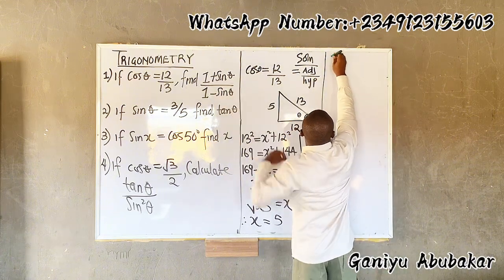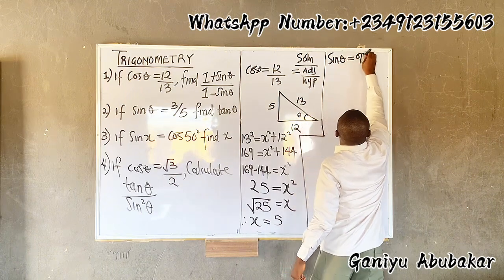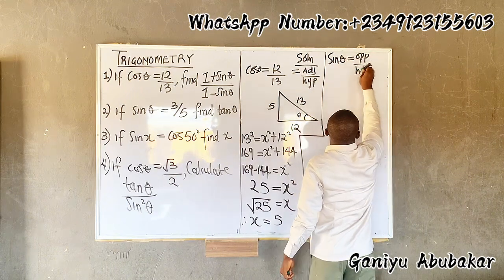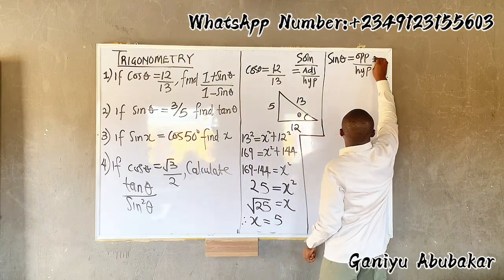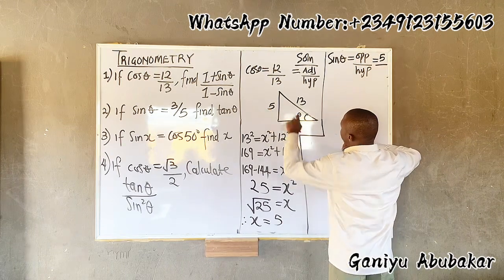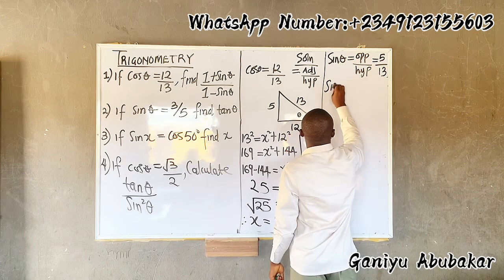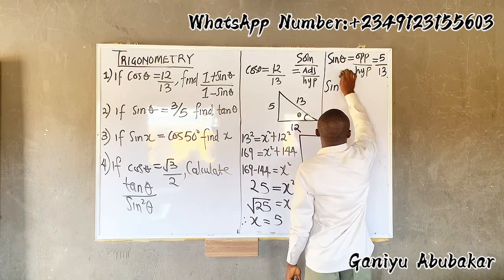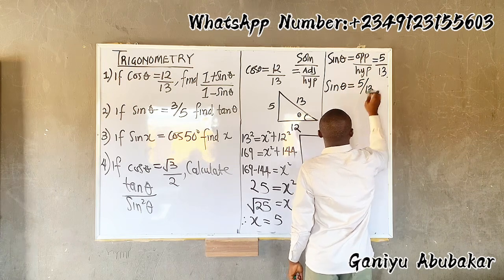Sin theta is equal to opposite over hypotenuse, right? And my opposite here is 5 over hypotenuse, which is 13. So the value for sin theta is 5 over 13.